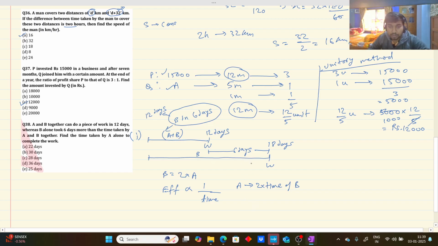Hence, if B alone takes 18 days to complete the whole work, A alone would take 18 into 2, that is 36 days to complete the same work alone. That is my answer.